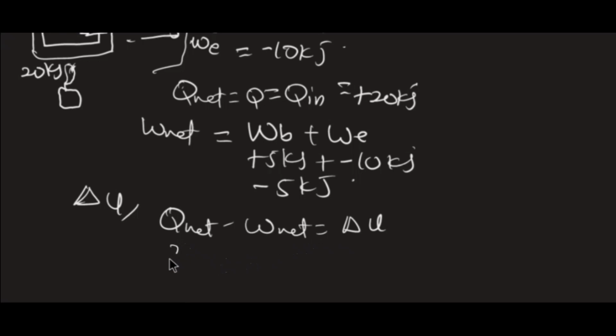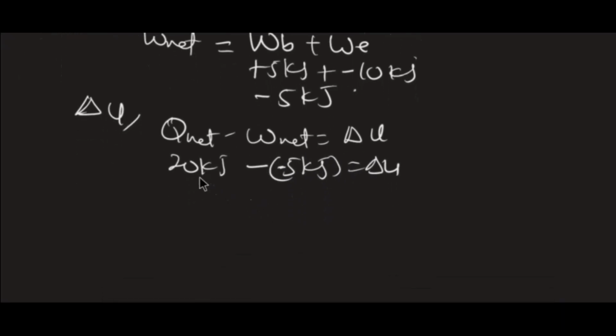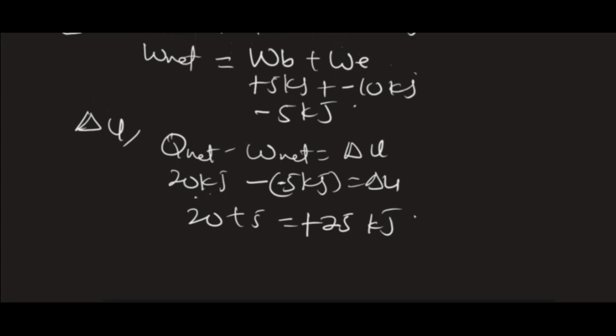So now I have 20 kilojoules, which is positive, minus my W net, that is 5 kilojoules, and it's negative, should give me my delta U, right? Let's take the unit out. I'm going to get 20 plus 5, and that is equal to positive 25 kilojoules. So this is how we apply the first law to solve such a simple problem.